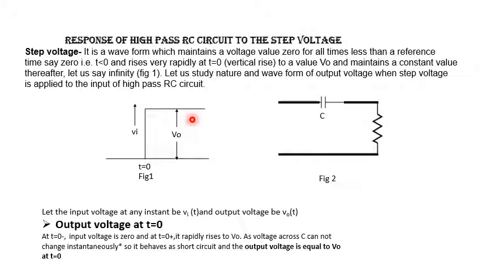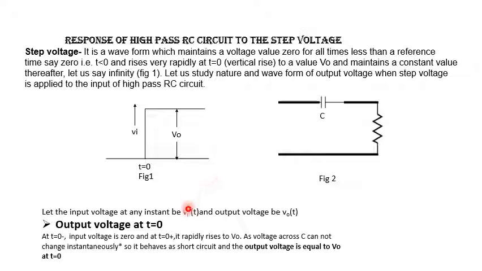So if this condition is satisfied, then the voltage is called step voltage, and this step voltage is applied as input voltage to the high pass RC circuit. Now we do not know the exact nature of the output voltage, though we exactly know the nature of the input voltage.